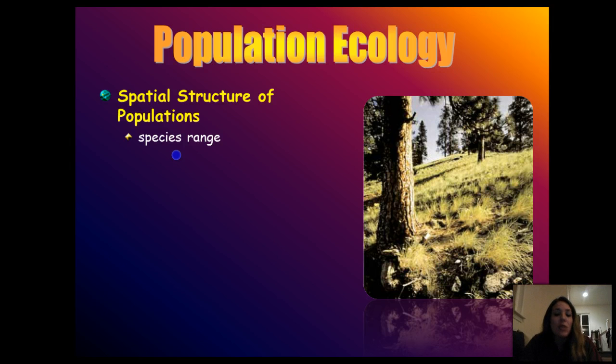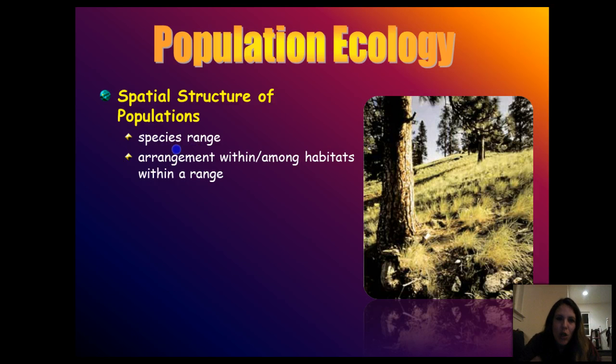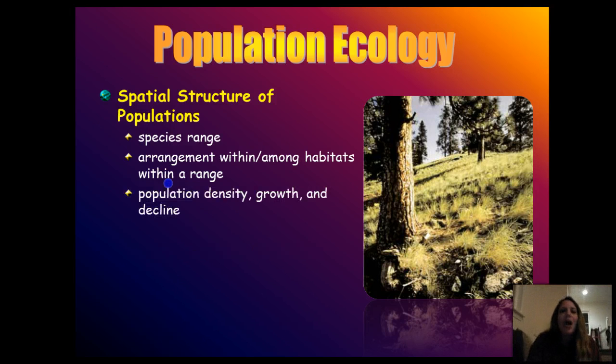So we might be interested in looking at a species' range: where is it found, its geographic distribution. We might be interested in how organisms within a population arrange themselves with respect to each other and with respect to resources. And are there microhabitats within a range? Are individuals found in particular areas within their whole range?